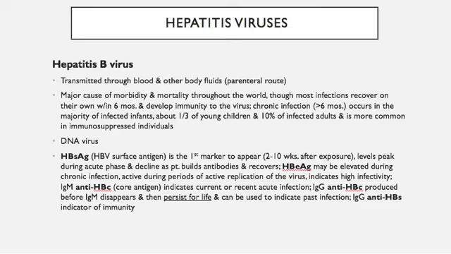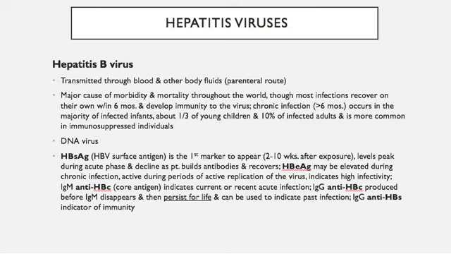Testing for this one, so you can do for the hepatitis B surface antigen. That's the first marker to appear anywhere from 2 to 10 weeks after exposure. Levels are going to peak during the acute phase and decline as patients build those antibodies and then start to recover.